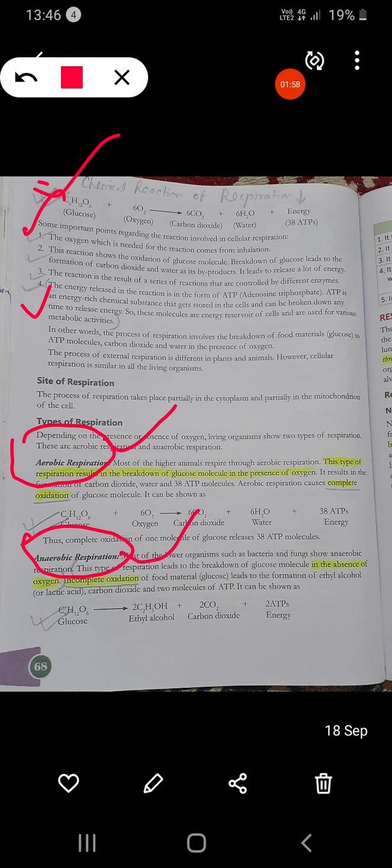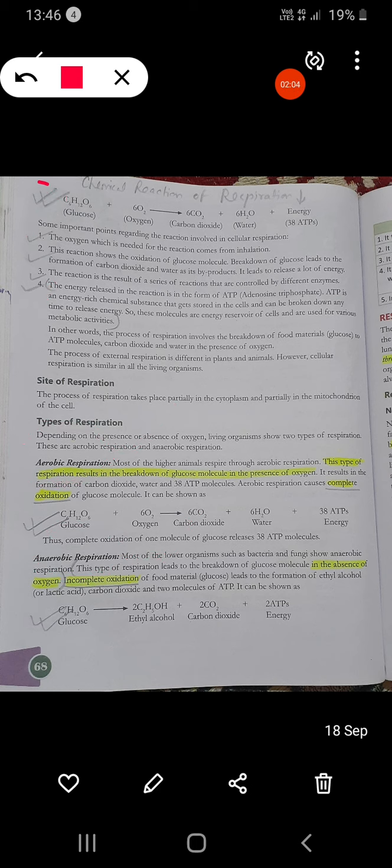Anaerobic takes place in the absence of oxygen. Now children, you can see here oxygen is combining with glucose, and in the second reaction there is no oxygen because it is anaerobic.